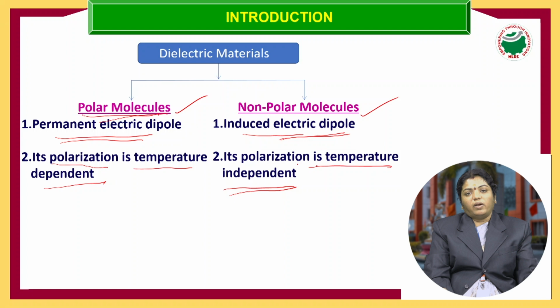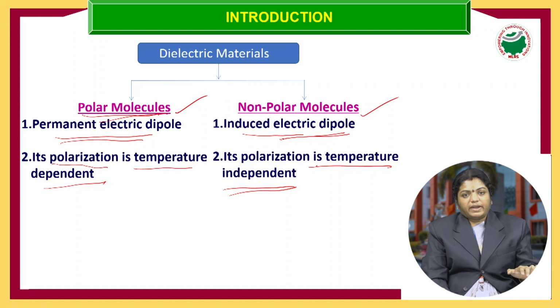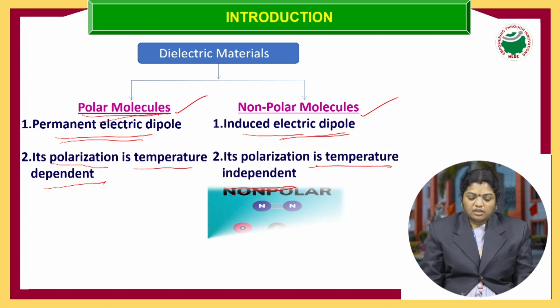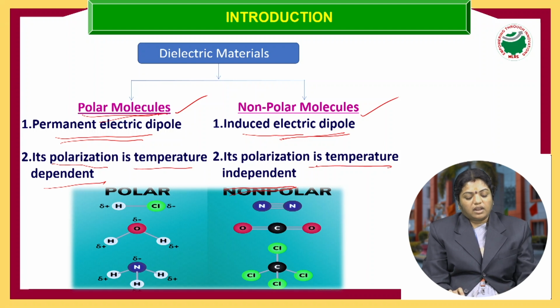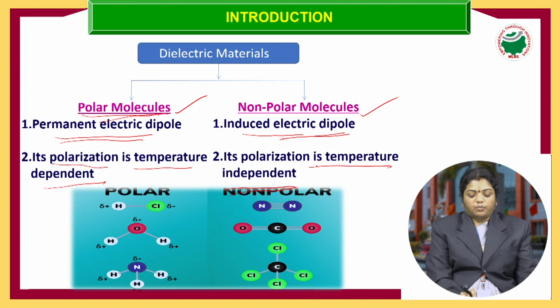Non-polar molecules do not depend on temperature, but polar molecules depend on temperature. Examples of polar molecules are HCl, H2O and NH3. Non-polar examples are N2, CO2 and CCl4. So these are the polar and non-polar dielectric materials.